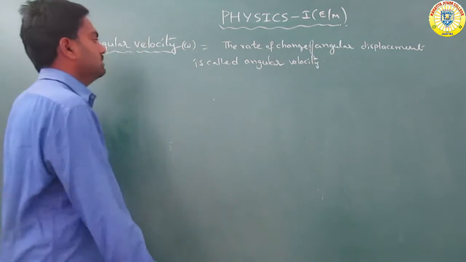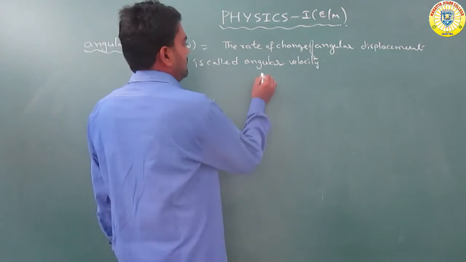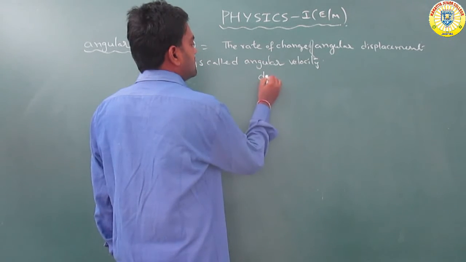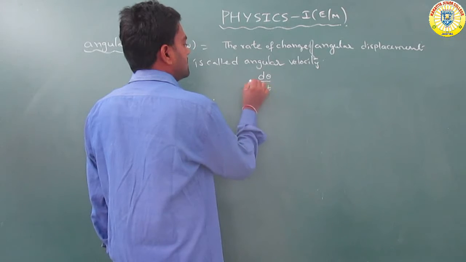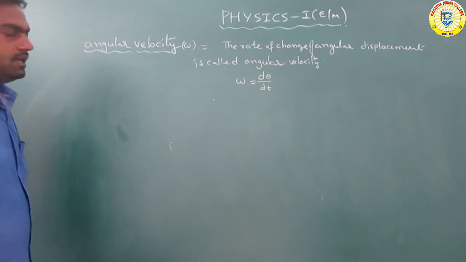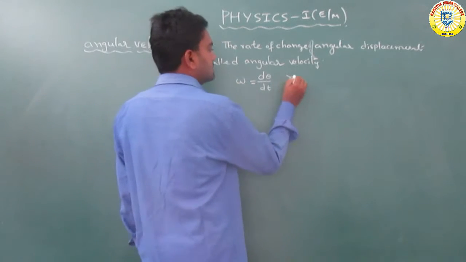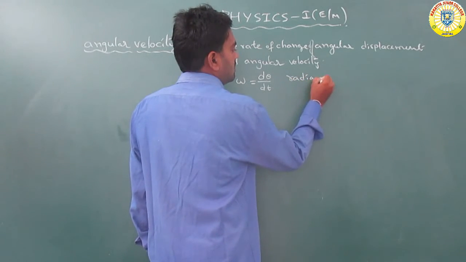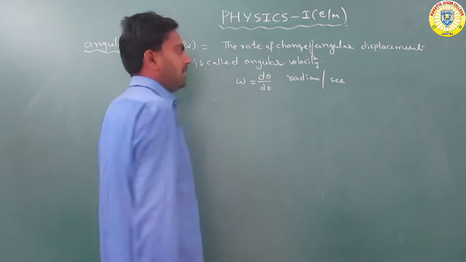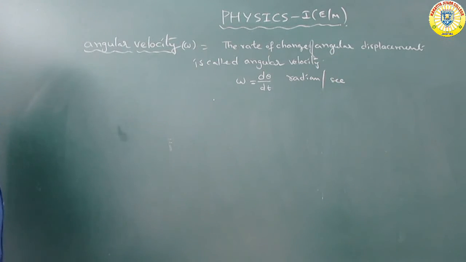So d theta by dt is equal to omega. That is called angular velocity. The units are radian per second.